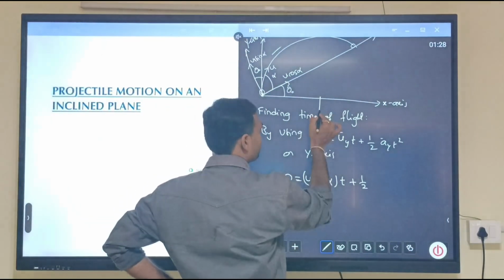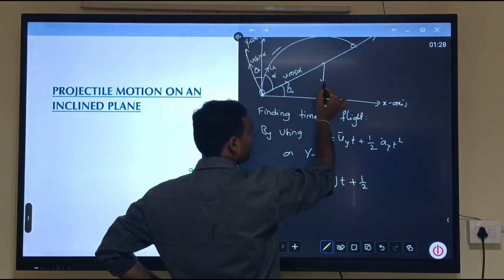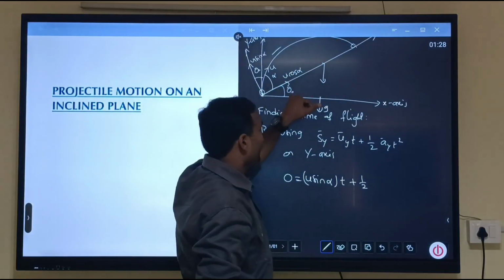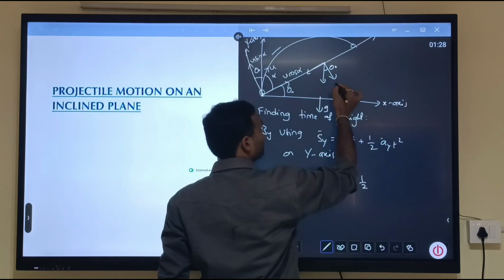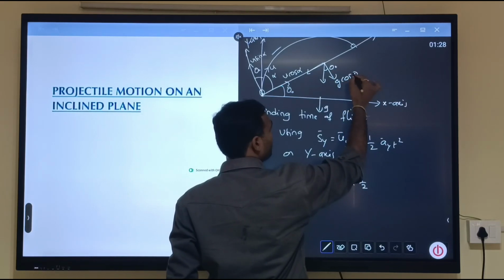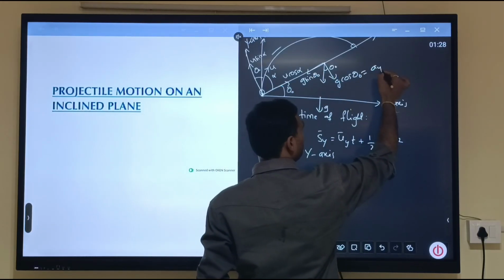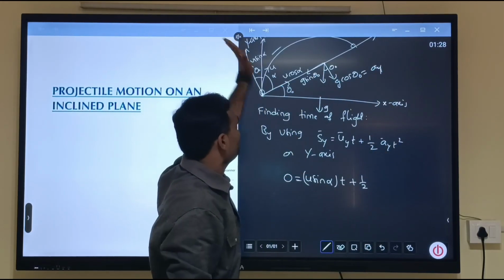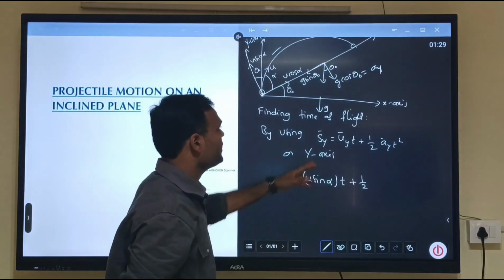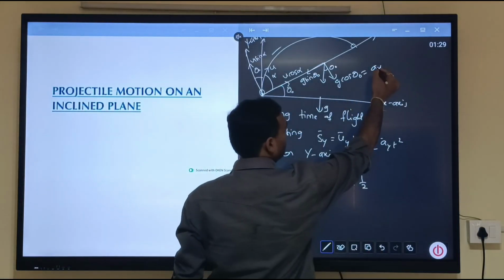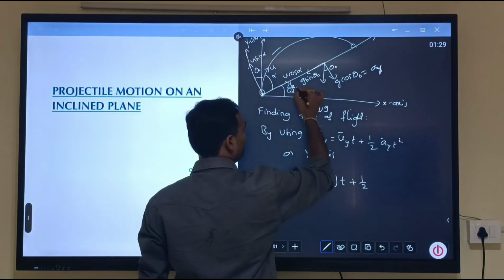See here, originally this is g value, but when we were tilting this by an angle theta naught, this will get two components, that is this will be g cos theta naught and this will be g sin theta naught, and g cos theta naught is the acceleration on capital Y axis. See, this is capital Y axis and this g cos theta naught is parallel to Y axis. That's why I am considering this minus g cos theta naught as acceleration on capital Y axis, and this is acceleration on capital X axis.